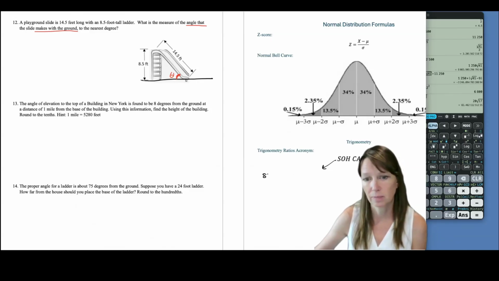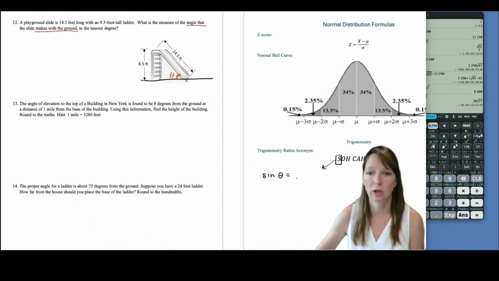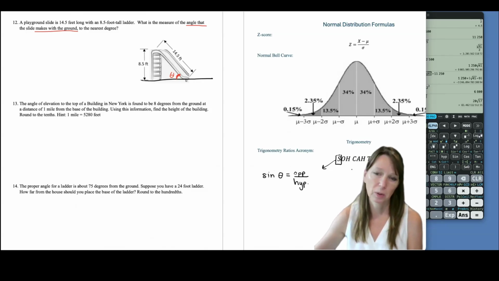So sine of the given angle is equal to, so S means all of that. The sine of the angle is equal to, and then the O and H are your numerator and denominator. O being opposite and H being hypotenuse. So that's what you want to interpret when you see SOH.